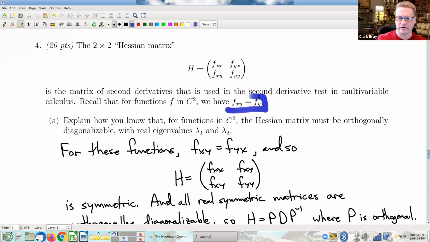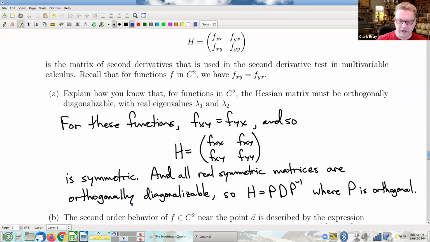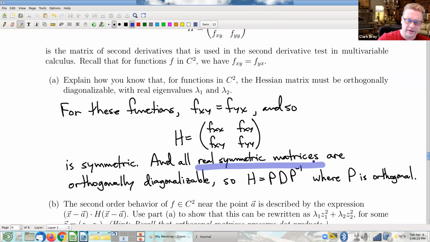And we are reminded right here that these 2 numbers are equal to each other, and therefore we're looking at a symmetric matrix. And we're looking at real valued functions, so these are also real. Okay, so real symmetric matrix, therefore orthogonally diagonalizable.